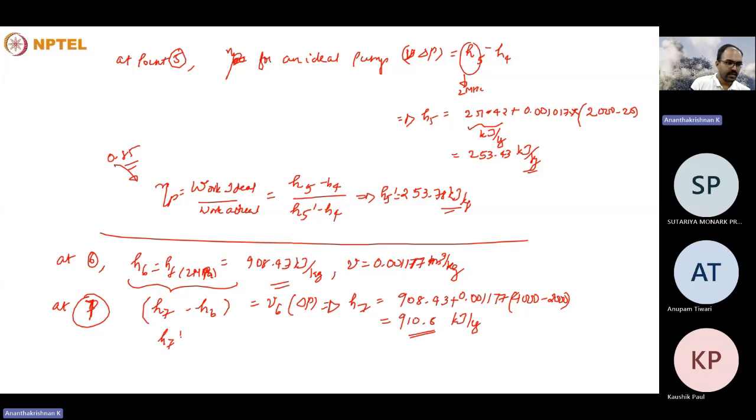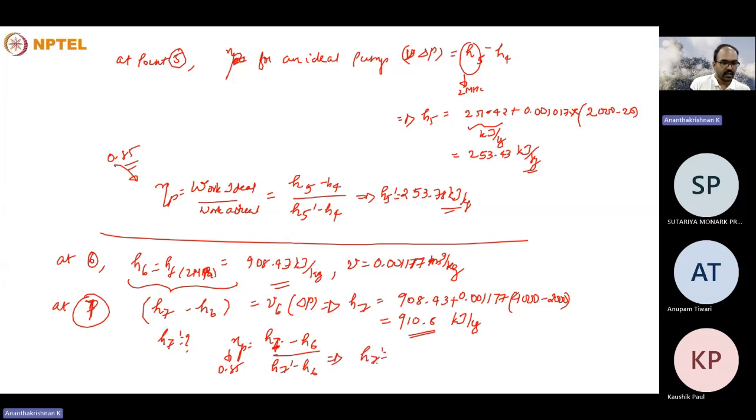Now we have to determine the actual value. How? Just like the previous case, pump efficiency 0.85 will be equal to the work done ideal divided by the work done actual. So that will be equal to H7 minus H6 divided by H7 dash minus H6.